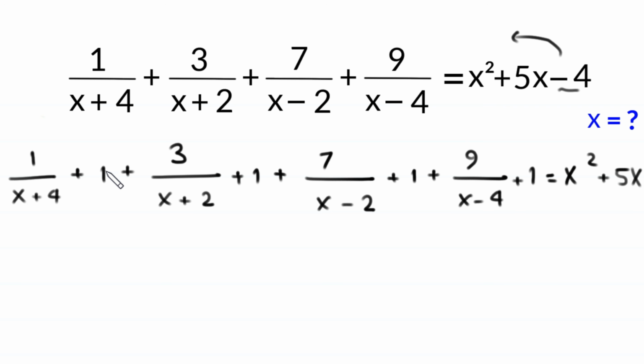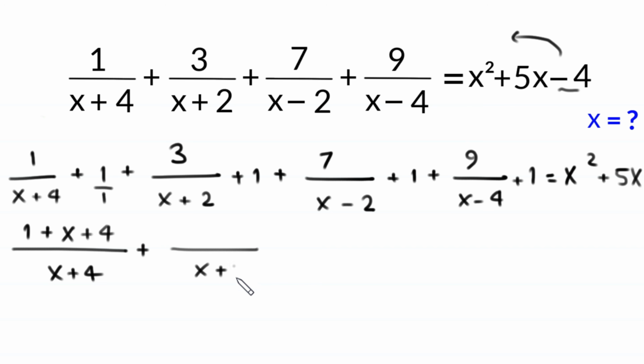Now we can write the denominator of this 1 and take the LCM of this 1 and x plus 4. The LCM of 1 and x plus 4 is x plus 4. So this 1 will come here, plus 1 times this x plus 4, over x plus 4. In the same way, the LCM is x plus 2 and this 3 will come here, plus this x plus 2.